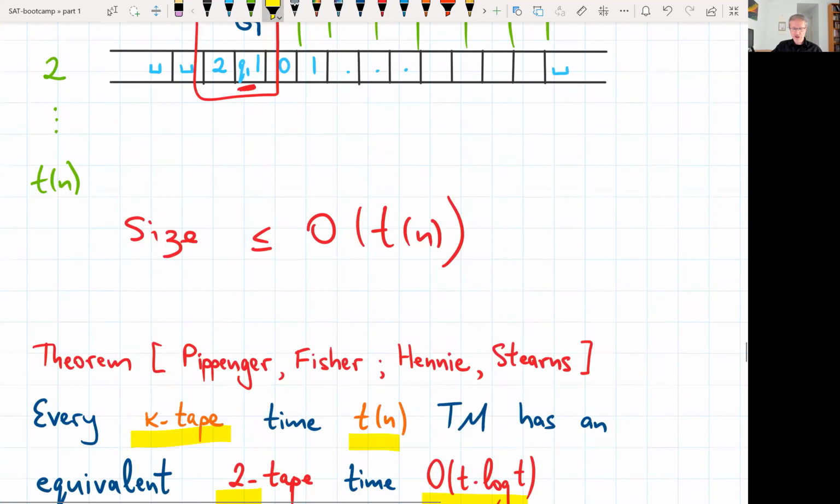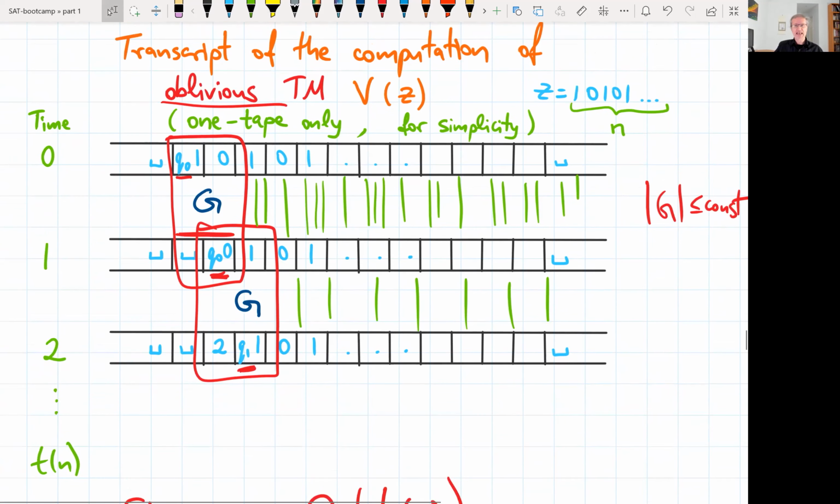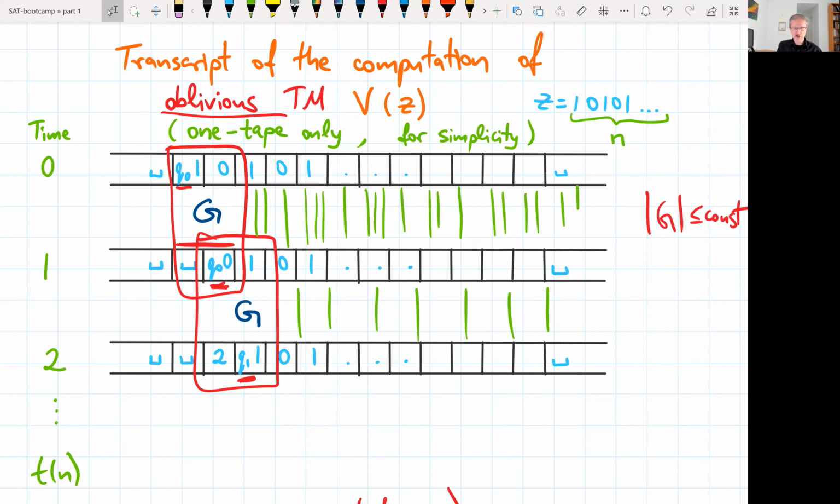And the construction of the circuit for a two-tape machine follows the same structure as the one-tape construction that I described. You just have to imagine that you have another snapshot of computation of the Turing machine for the second tape, and you trace how that second tape evolves the same way as you traced how the first tape evolves. And when you compute this transformation G, you also need to know what was happening on the other tape, because the transition function of your Turing machine, the program of your Turing machine, depends on the information on both tapes.